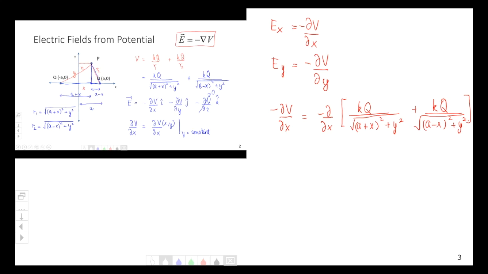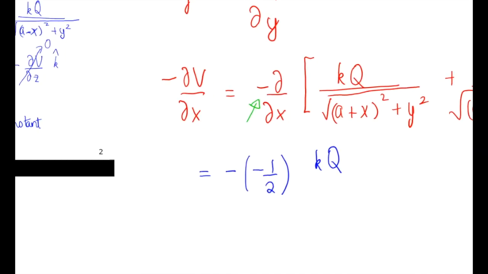When we take that partial derivative, we are going to get a term which goes as negative 1/2. That negative sign which comes from the derivative will cancel the negative sign here. So what we will get is something that looks like negative of negative 1/2 kq of a plus x squared plus y squared.